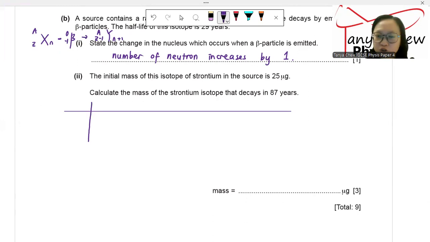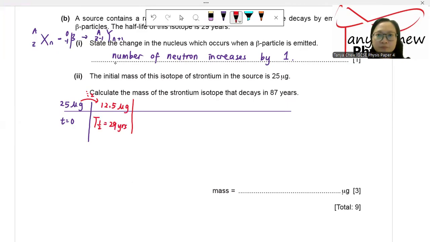So I started the strontium at 25 microgram, and the time is equal to 0. When this strontium decays to half of its initial value, you divide by 2 and you get 12.5 microgram. This is the time of one half-life, which is 29 years.